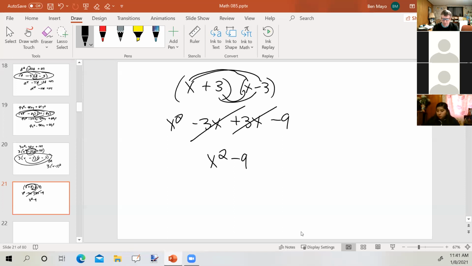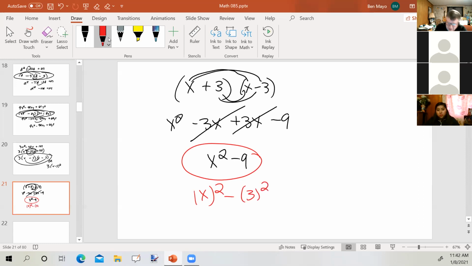Now, this is the final answer of FOILing this together, but I want to point out that this quantity is x squared minus 3 squared. Again, we would typically write the final answer x squared minus 9, but this answer is called the difference, as in subtraction, of two squares.